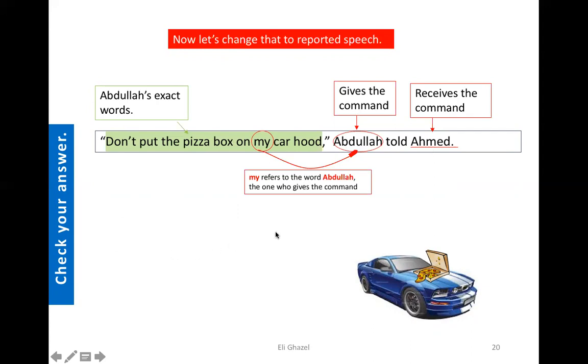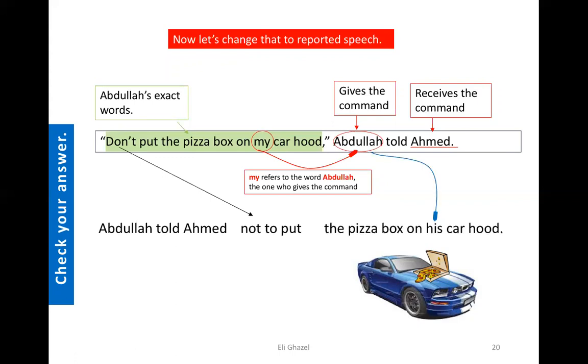So we need to make sure that when we convert the my in the indirect speech, it should refer to Abdullah and not to Ahmed. So Abdullah told Ahmed, how do we make the put? With a not and a to. Not to put what? The pizza box on his car hood. So Abdullah and his refer to each other here.